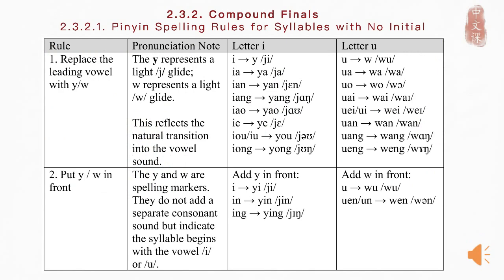Rule number 2. Put y, w in front. The letters y and w are spelling markers. They do not add a separate consonant sound but indicate the syllable begins with the vowel i or u. Add y in the front. For example, i, in, ing. Add w in the front. For example, u, ueng.